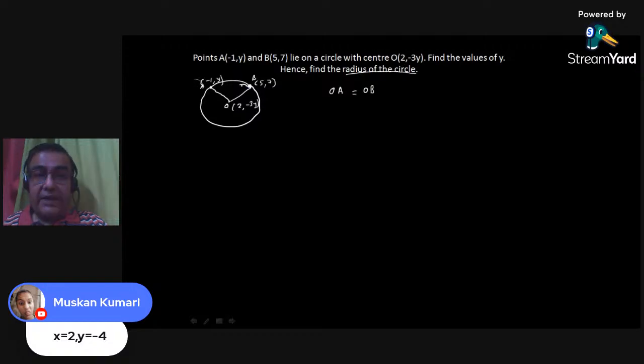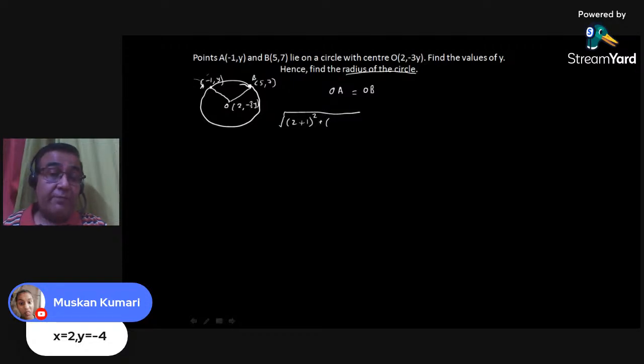Okay, let's continue. So OA would be the square root of, so which one am I going to take as 1? So let me do it this way. At this point, the center I'll take as x2. So that becomes 2 minus of -1, so that becomes +1 whole square, plus y2 minus y1.